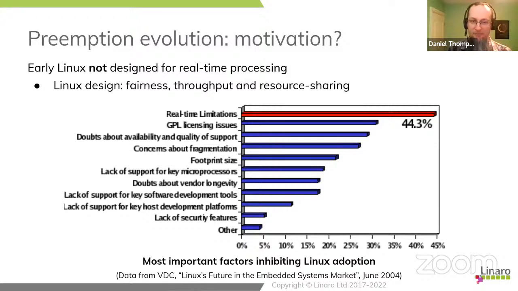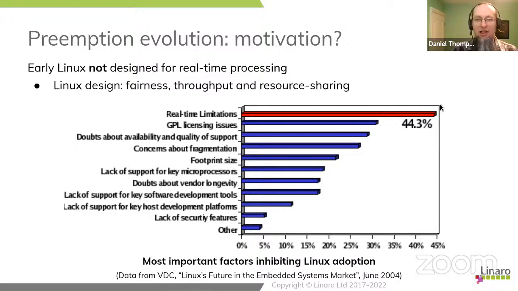It was early stages. And you look down this list, and it is very noticeable that concerns about the real-time limitations were the dominant concern about the factors that would inhibit the adoption within embedded markets. Even beyond GPL concern, which again, a lot of companies were not comfortable with the GPL license at this stage in history.